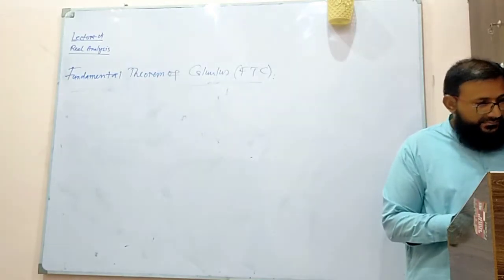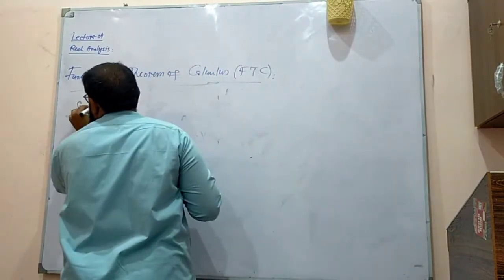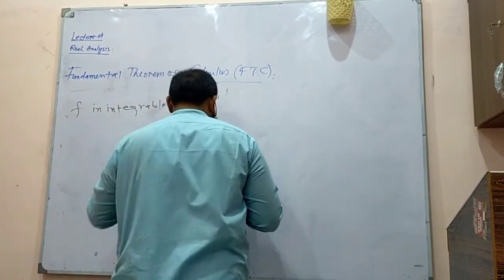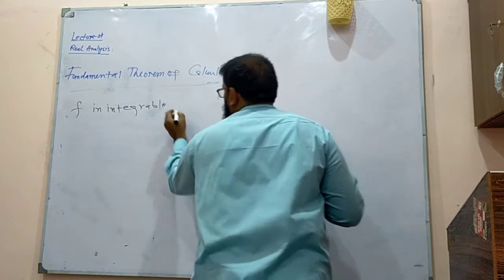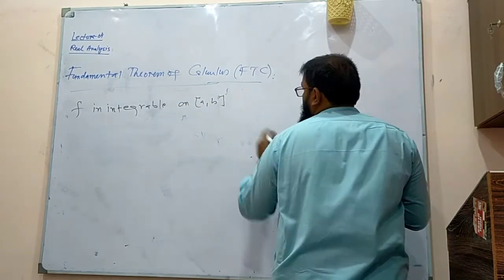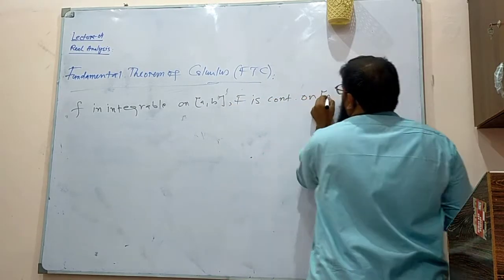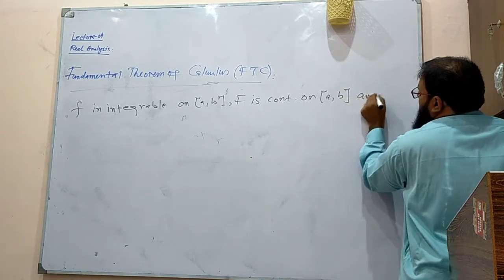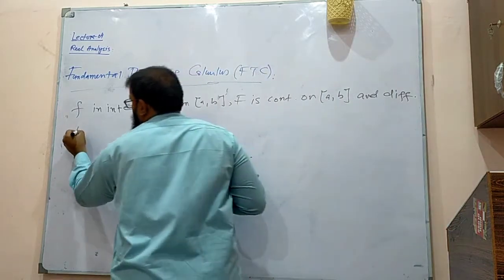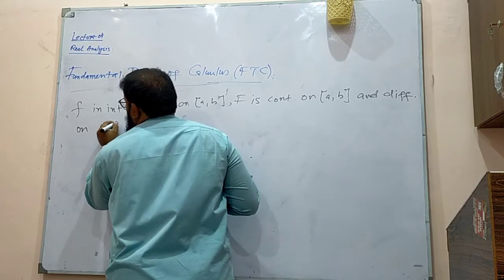So let us say that small f is integrable on some interval a to b, and capital F is continuous on the interval a to b and differentiable on, let's say, the open interval a to b.